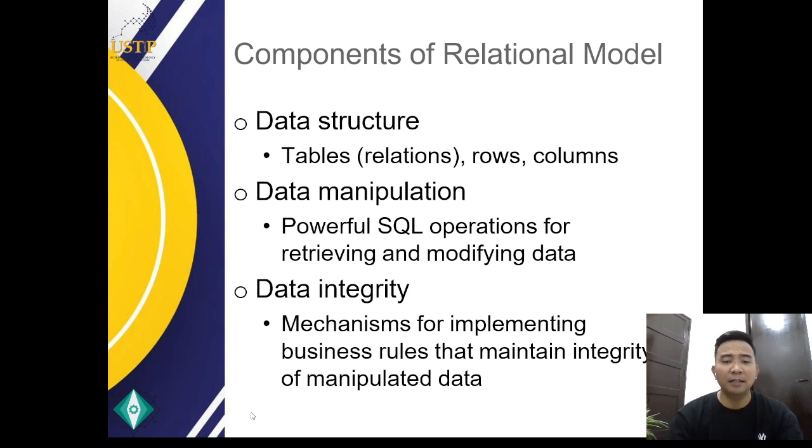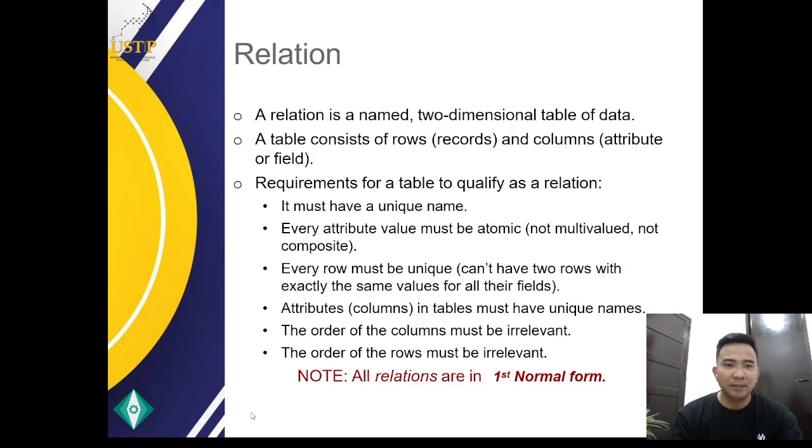For data integrity, the relational model incorporates mechanisms to ensure the accuracy and consistency of data. This includes features like primary keys, foreign keys, and constraints. A relation is a named, two-dimensional table of data.